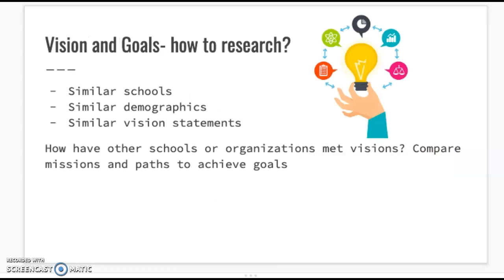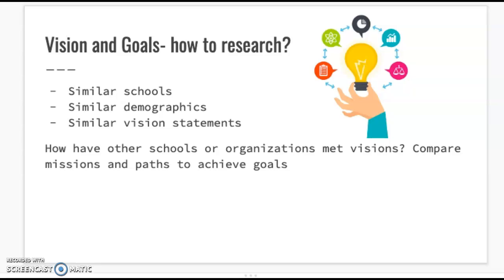Vision and goals. How do you research other buildings, other organizations, other businesses, and how they meet their vision? So I think there's a couple different ways you could go about this. You could research similar schools, similar elementary with a separate middle school and a separate secondary high school. You could research demographic.